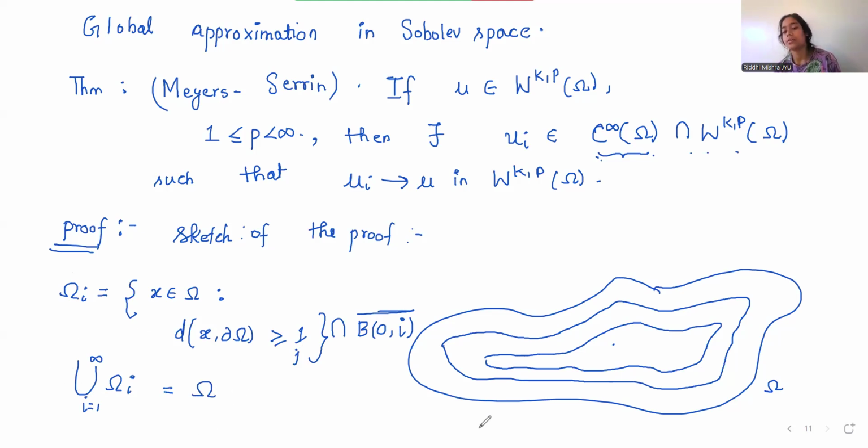And now what you will do is construct some function eta_i such that eta_i is 1 in every consecutive Omega. I have to write this explicitly.